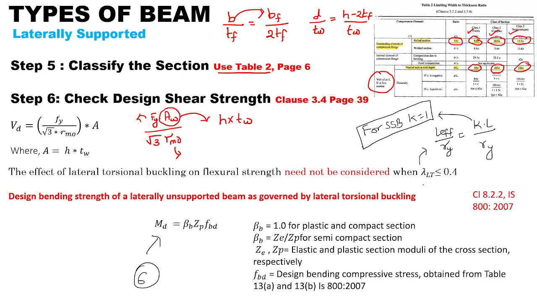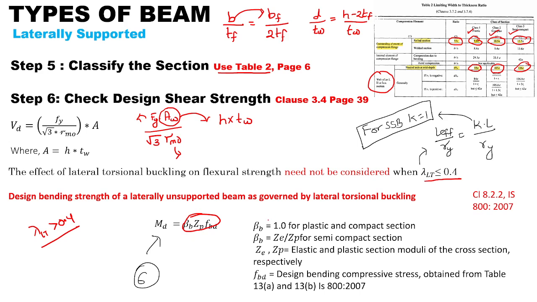For moment capacity, we will calculate it just like the supported one, but if the value of lambda lt is greater than 0.4, then the MD will be calculated using this expression, else it will be done same like the supported one. But if the value of lambda lt is greater than 0.4, then we will use this term.